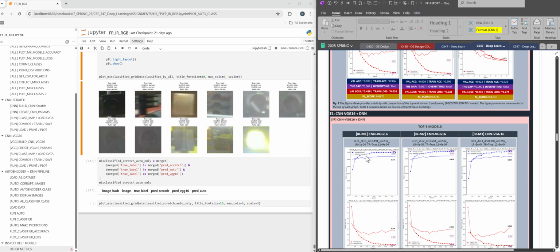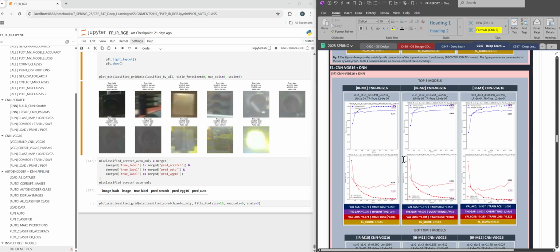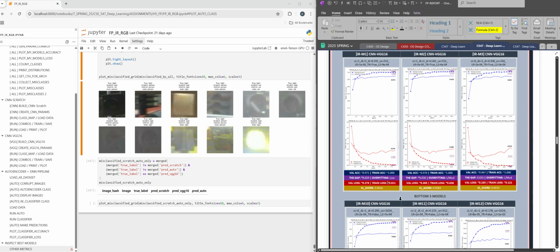And then the infrared VGG16 got all the way up to 0.971 for validation accuracy. And training accuracy got up to 100%, which oftentimes is a strong giveaway that there's going to be overfitting, but in this case, the overfitting was still low.